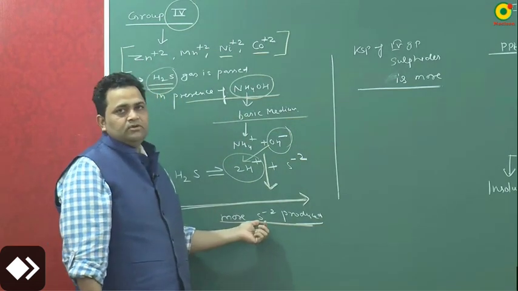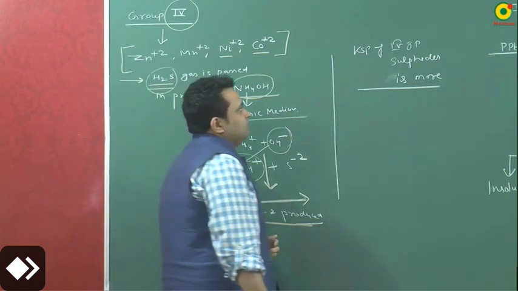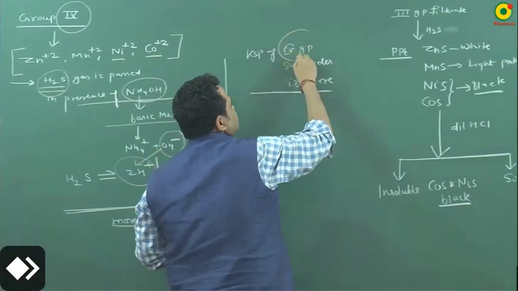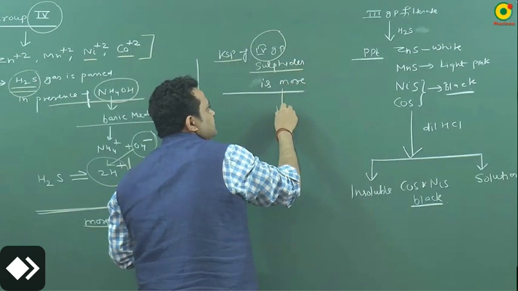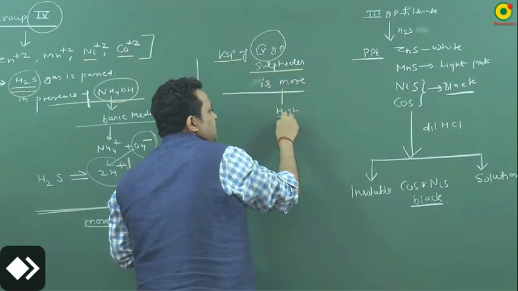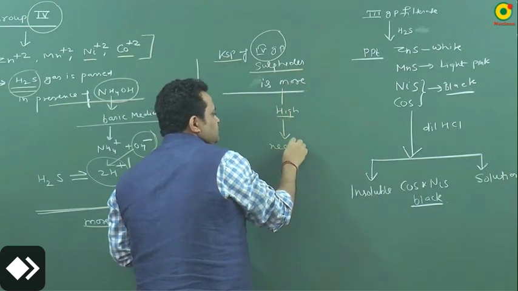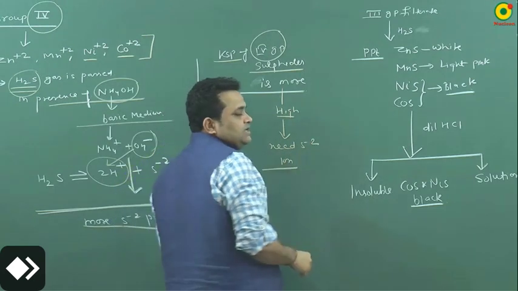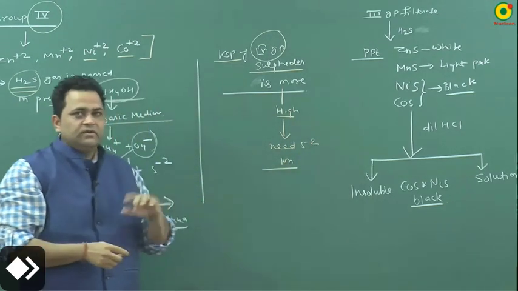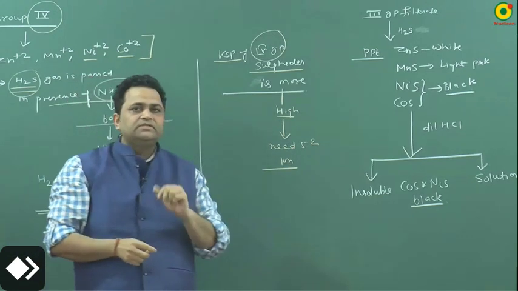Why do we need more S2- ions? Because for fourth group radicals, the Ksp of sulfide is high. And if Ksp is high, they need more S2- ions. During the second group, H2S gas was passed in presence of HCl.